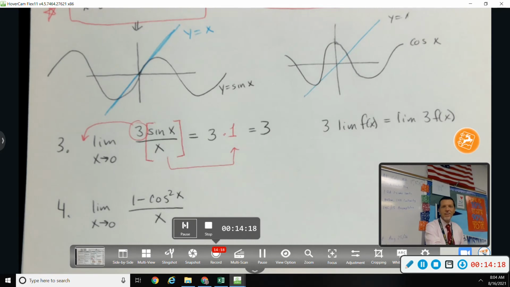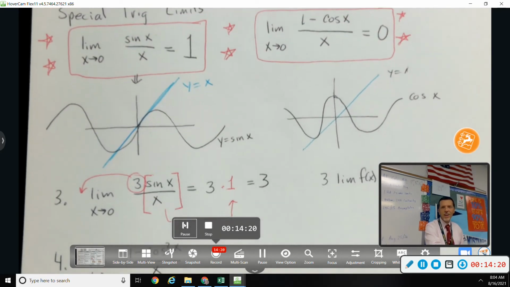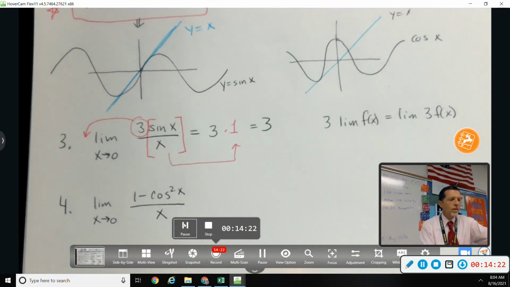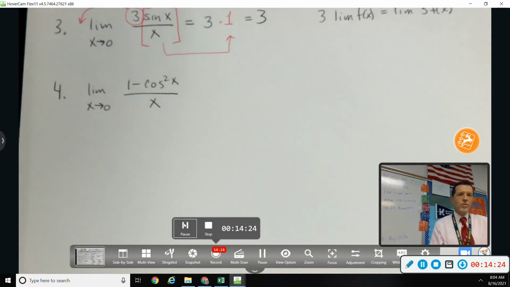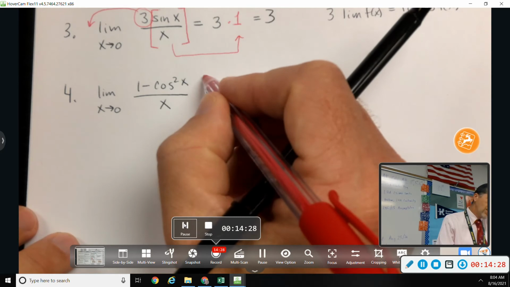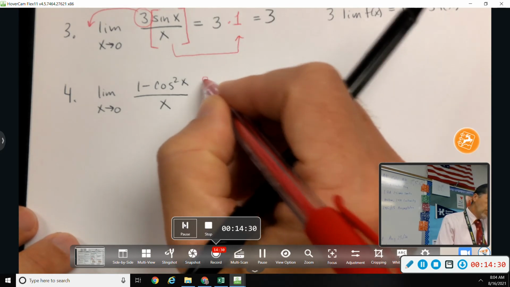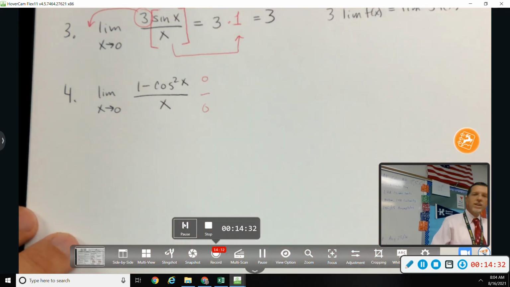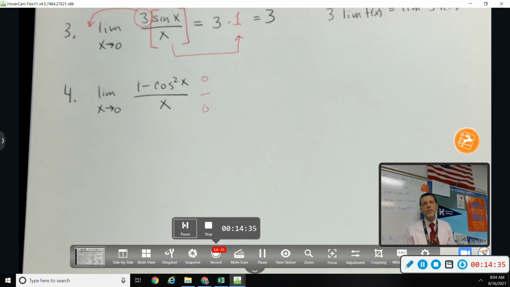The property we had was 1 minus cosine, not 1 minus cosine squared. So we're going to have to do some work with this one. I guess substitute first, but we would get 0 over 0 if we plugged in, so that's not really helpful. Do you remember a property with sine squared and cosine squared?